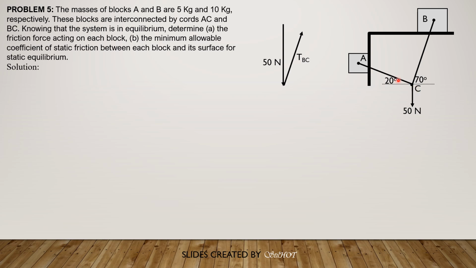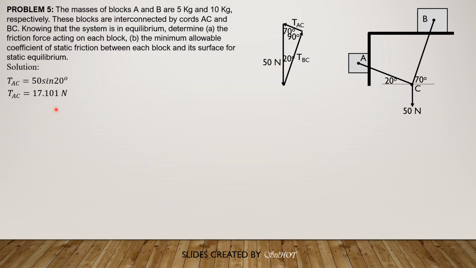And tension in AC, which makes an angle with the vertical of, this angle here is 70 degrees. So 70 degrees with the vertical. And therefore, this third angle opposite to 50 newtons is 90 degrees. So because it is 90, tension AC is 50 sine of 20, while tension BC is 50 sine of 70.